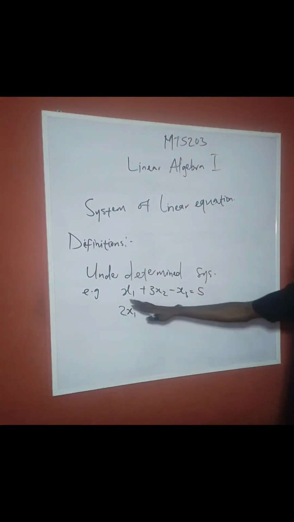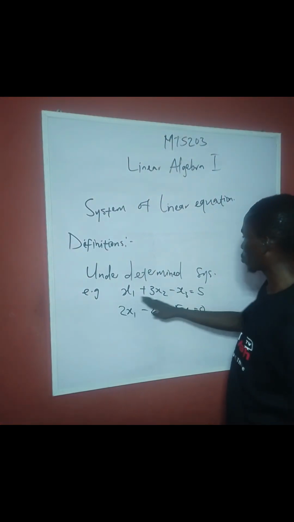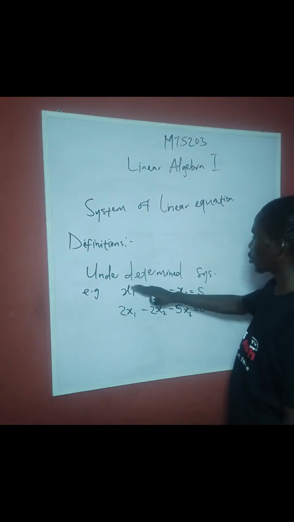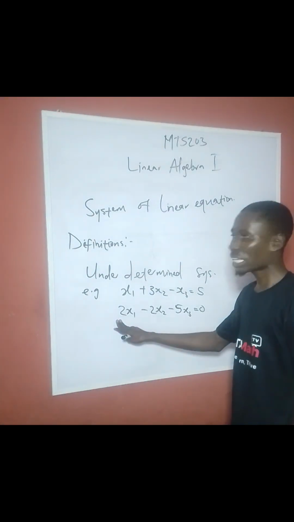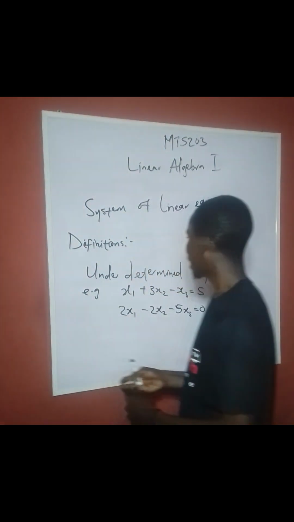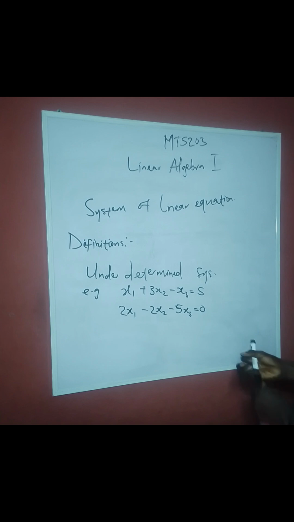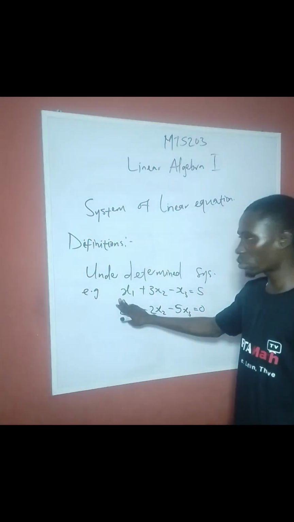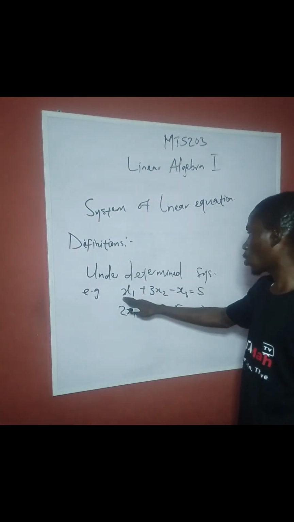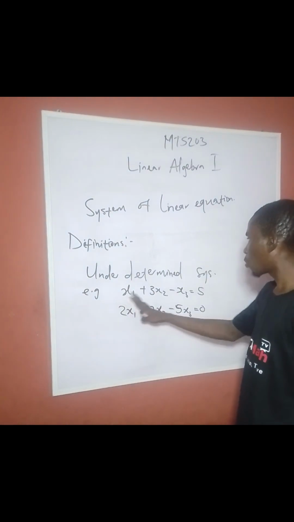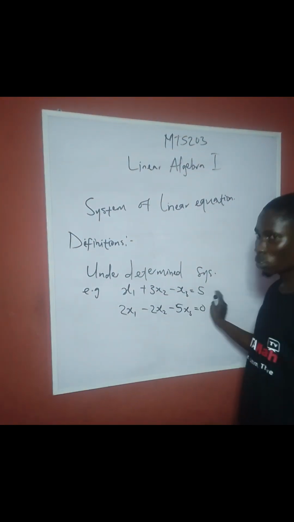As you can see, we have three unknowns, x1, x2 and x3, and just two equations. Another characteristic is that they have more than one solution, or no solution.